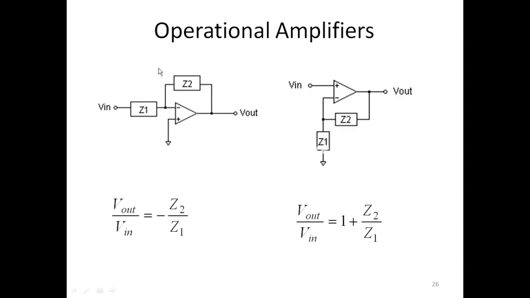So in this configuration, the transfer function is nothing but -Z2/Z1, and in this configuration the transfer function is nothing but 1 plus Z2/Z1. If we know these basic transfer functions, then we can easily calculate transfer functions for complicated op-amp circuits.